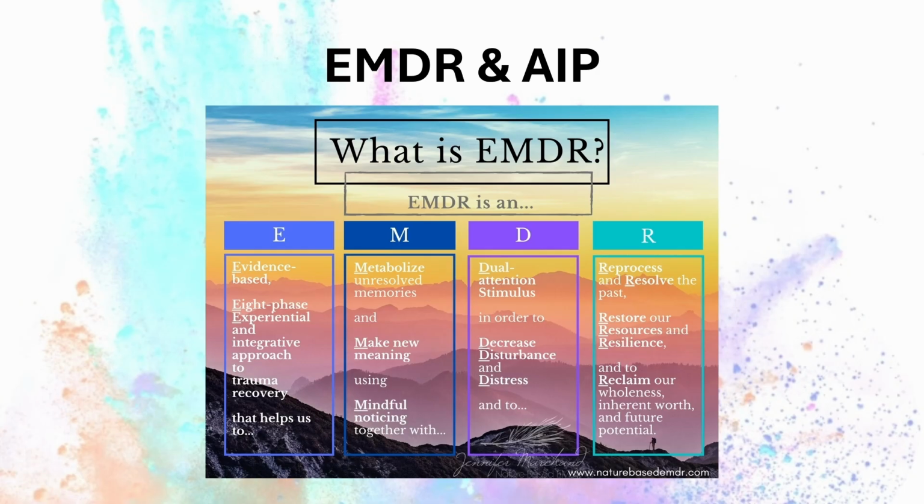Before we move on to art therapy techniques for trauma, it is important just to explain what EMDR and AIP are. Eye movement desensitization and reprocessing, EMDR, is a type of psychotherapy designed to help people heal from the symptoms and emotional distress resulting from traumatic memories.